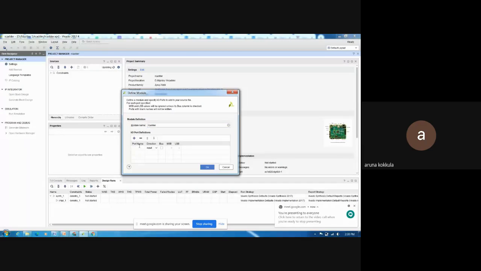So ports. I'm writing for the 4-bit triple carry adder. 4-bit is nothing but the input. A is taking A0, A1, A2, A3. B is also taking 4 bits, B0, B1, B2, B3.